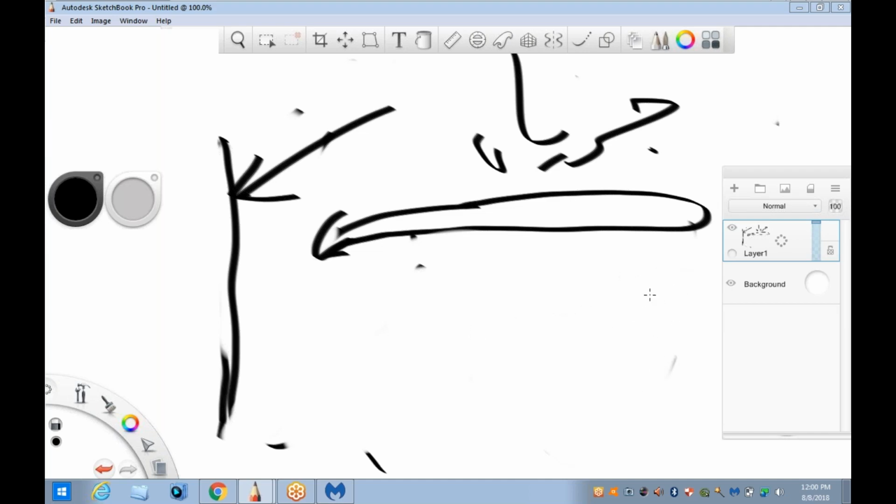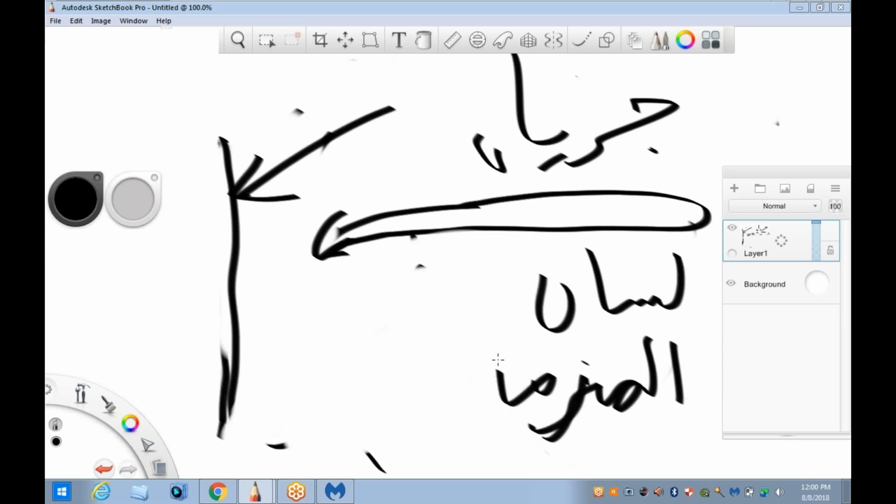Now, this is our lesson for today. The two organs that have to come together, I shouldn't say organs, but the two entities that have to come together in the ain and the ha, are the lisan al-mizmar and the back of the throat. You call that jidar. Jidar means the wall.